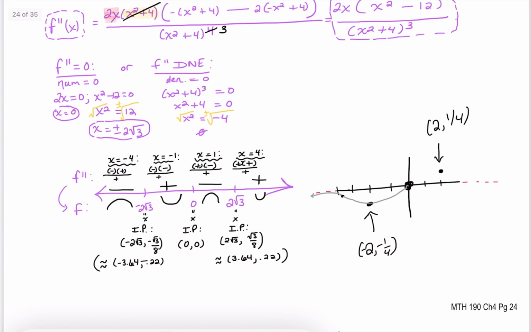And then I have another inflection point over here at 3.6 and 0.22. So here approximately is my next inflection point. I am concave down, reaching this max all the way until I get to this inflection point. And then at that inflection point, I change to concave up.